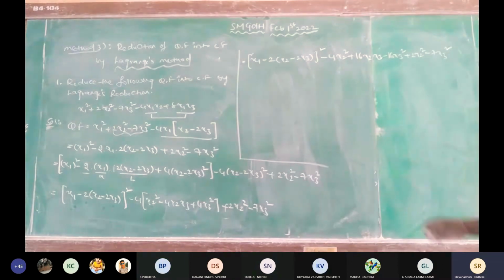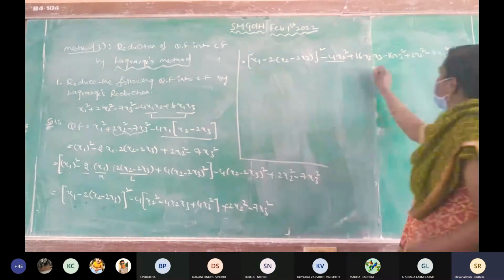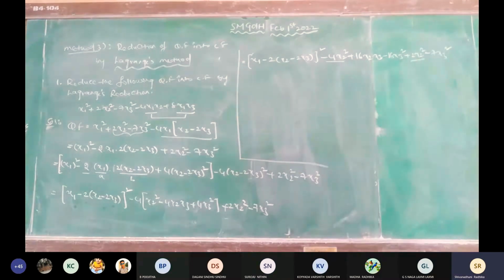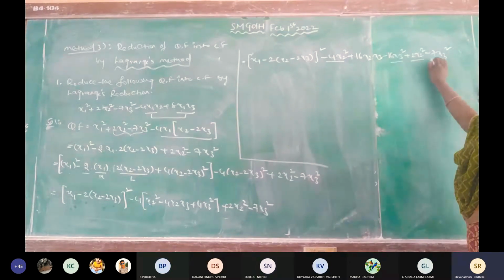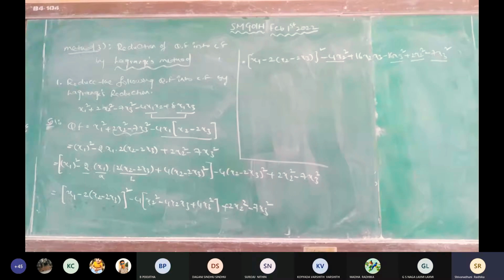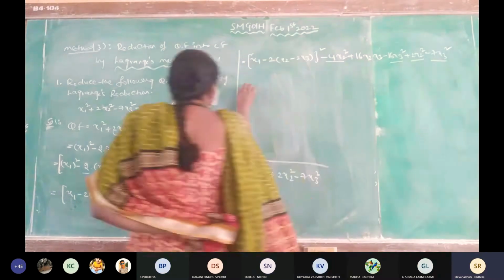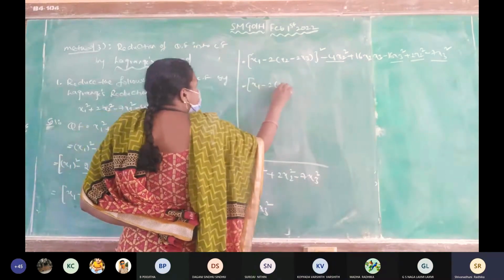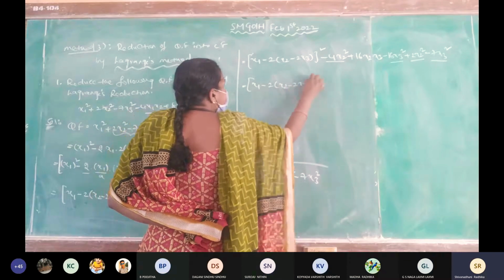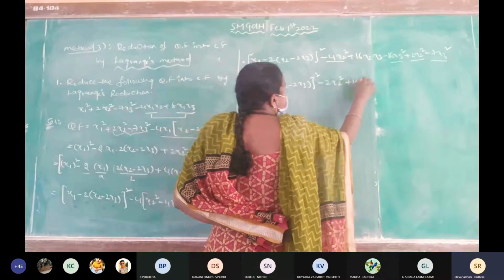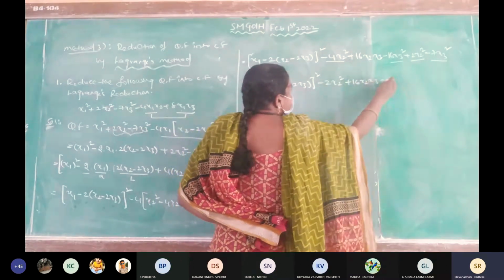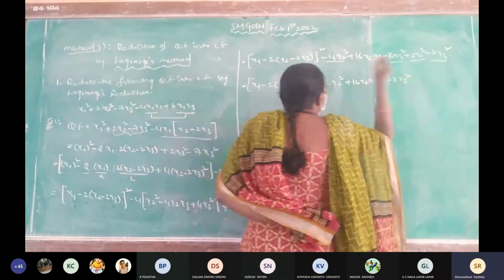Now minus 4x2 square plus 2x2 square is minus 2x2 square, and minus 16x3 square minus 7x3 square is minus 23x3 square. So we simplify: x1 minus 2 into x2 minus 2x3 whole square minus 2x2 square plus 16x2x3 minus 23x3 square.